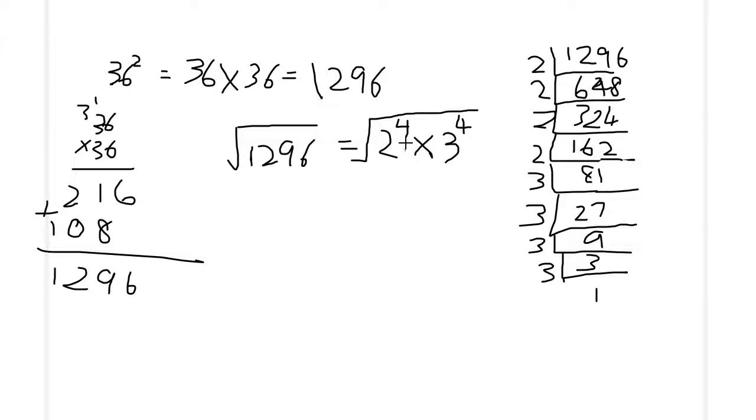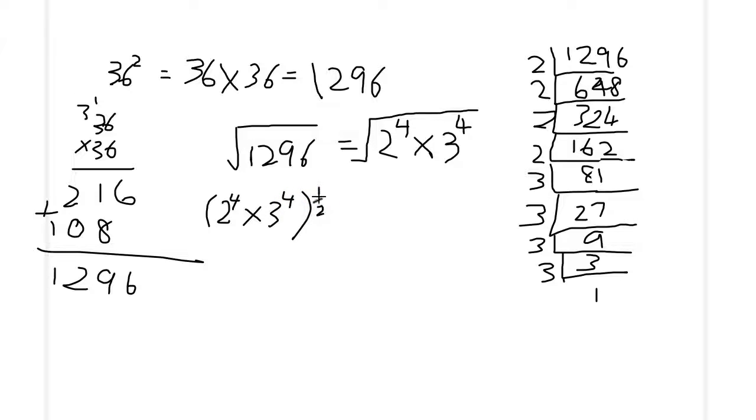The answer to solve this, we can see it in a few ways. We can see square root as a power of half, which means that it's 2 to the power of 4 times 3 to the power of 4, all to the power of half.